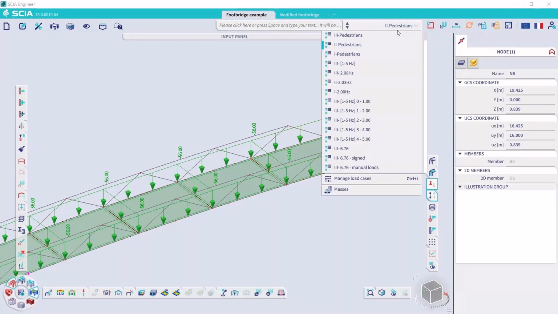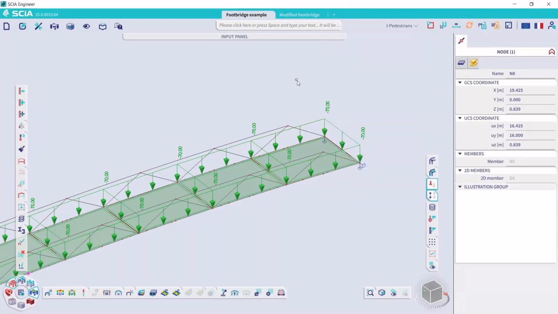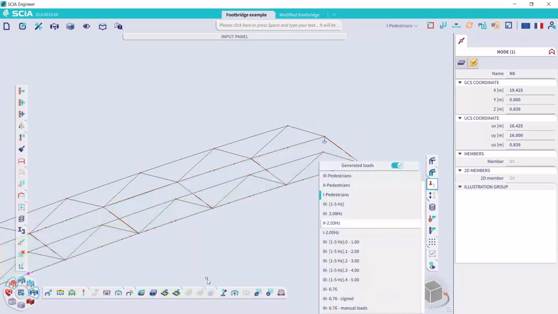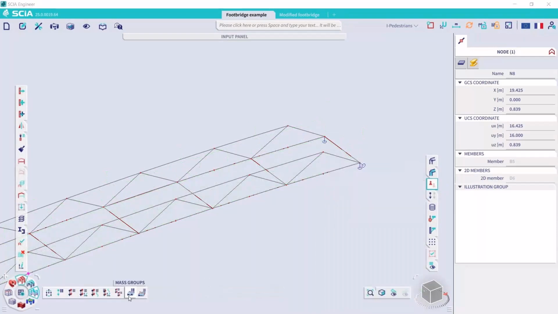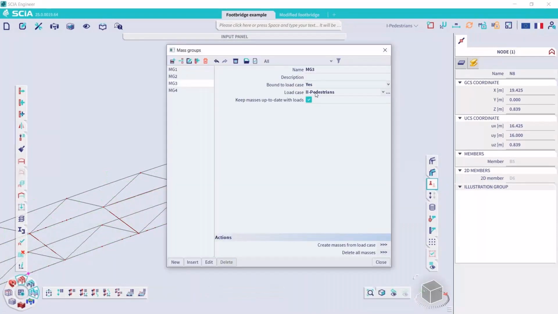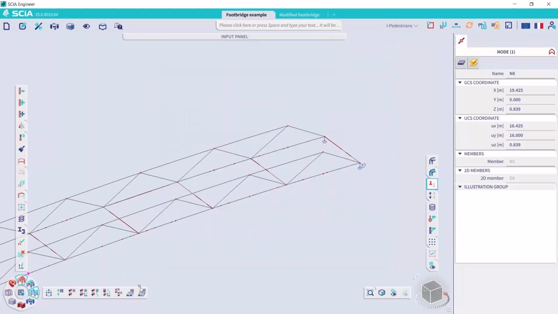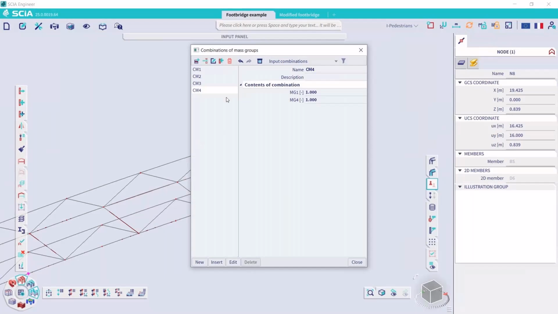For the one of class 1, we assume 1 pedestrian per square meter, so it's 70 kilograms per square meter. Obviously for these 2 load cases, we have created the associated mass groups, mg3 for class 2, mg4 for class 1. We have also created the appropriate combination of mass groups, CM3 and CM4 respectively.